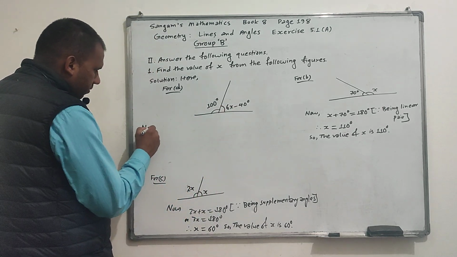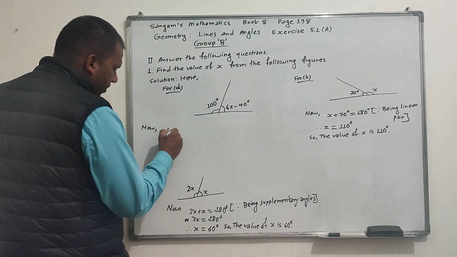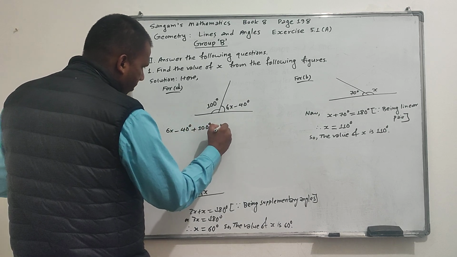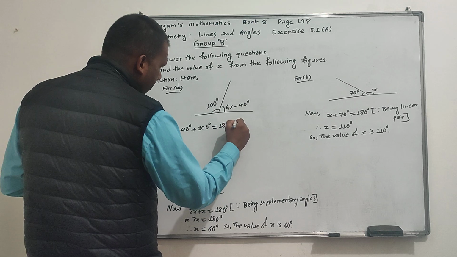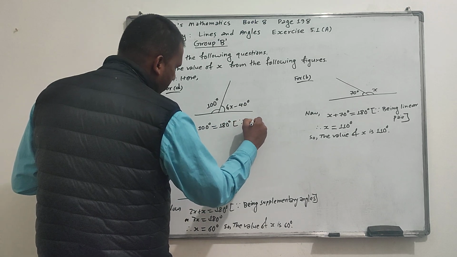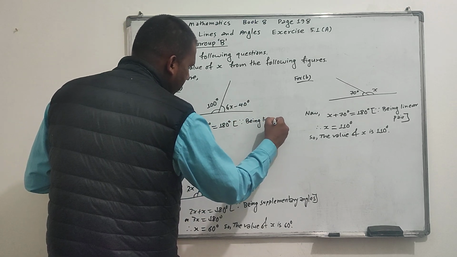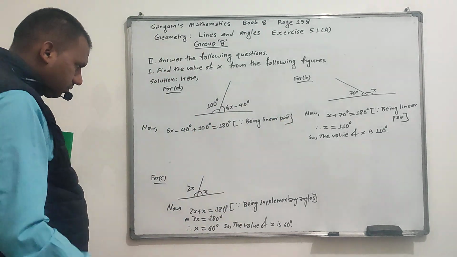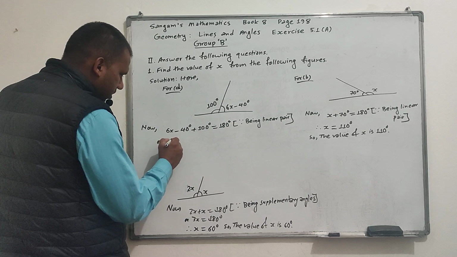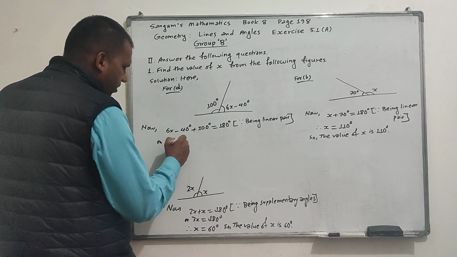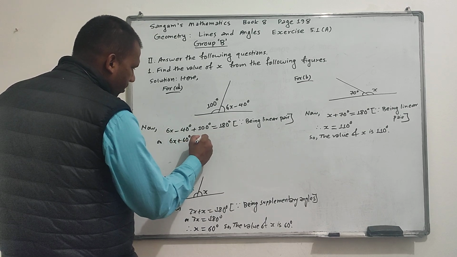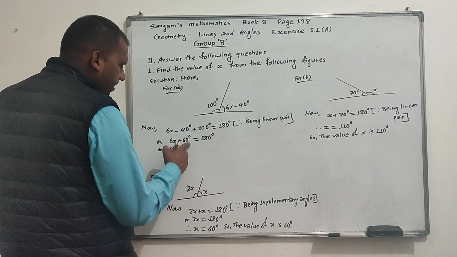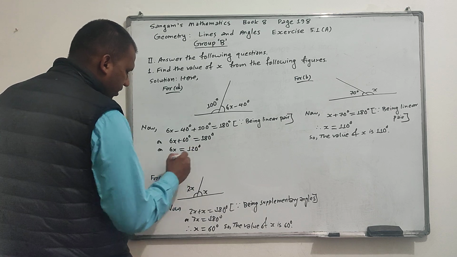Now we can write 6x minus 40 degrees plus 100 degrees equal to 180 degrees, because being linear pair, or 6x, 100 minus 40, that is 60 degrees, equal to 180 degrees, or 6x equal to 180 minus 60, it becomes 120 degrees.